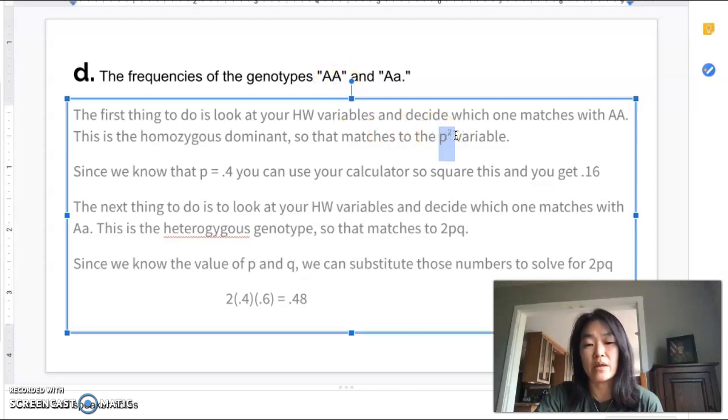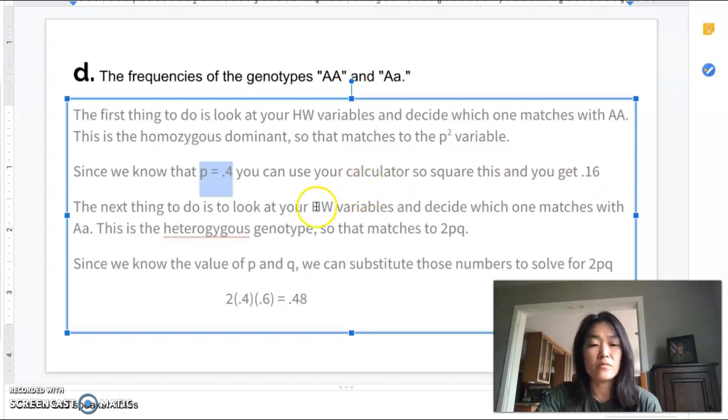Now this is easy because back in part C, you solved for p, and you said p equals 0.4. So you can use your calculator square function, or maybe you just know 0.4 times 0.4 equals 0.16, but that is p squared.